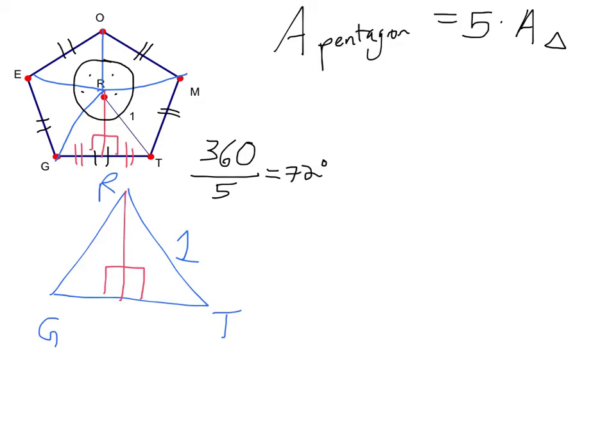So what's interesting is this angle right here, angle GRT, is one of my central angles. This is 72, 72, 72, 72, 72, making 360 in total. So this whole angle is 72. What is really important to note is that this little piece right here is just going to be 36 degrees. So let me also put the radius of 1 over here as well. We got a central angle that was a fifth of 360.